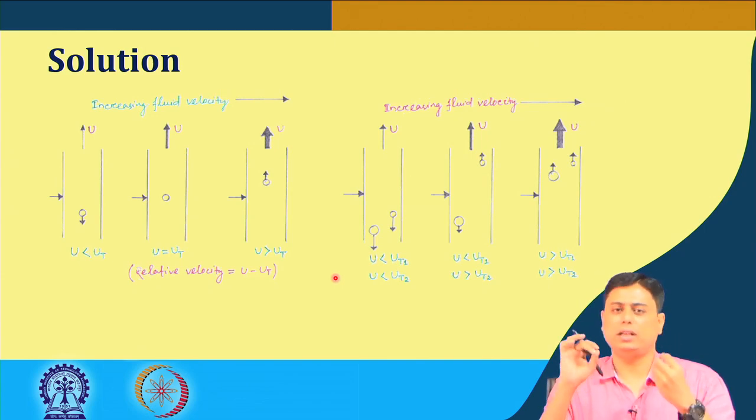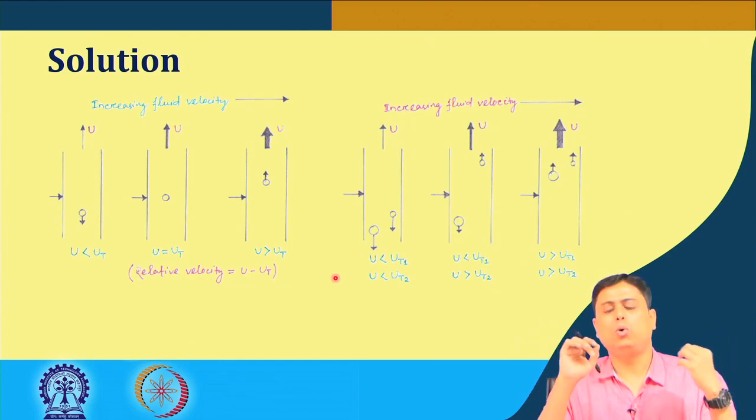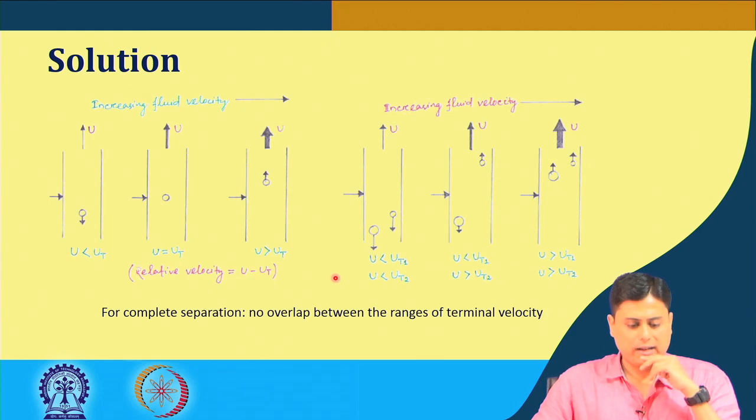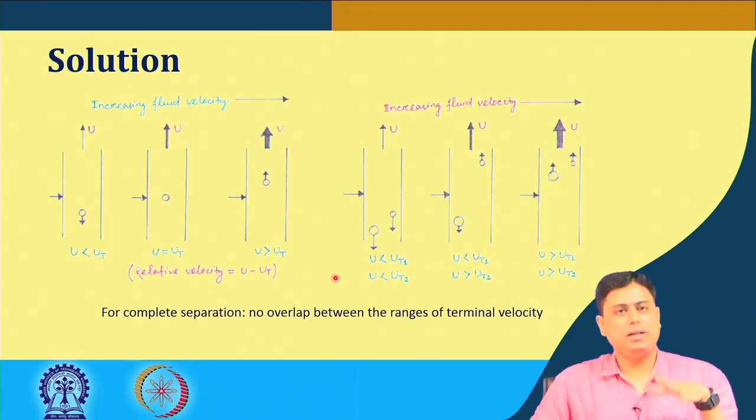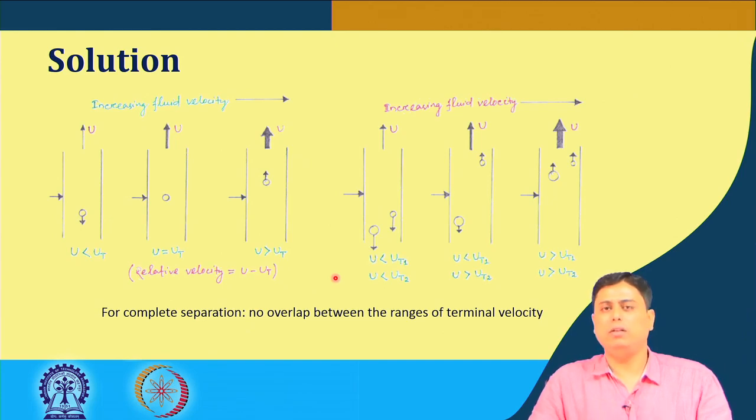There will be a significant gap there, but at the other end these two overlap shouldn't happen. So what I am trying to say is that for complete separation, it is desired that there be no overlap between the ranges of terminal velocity.